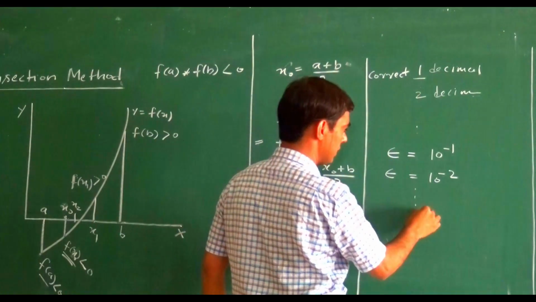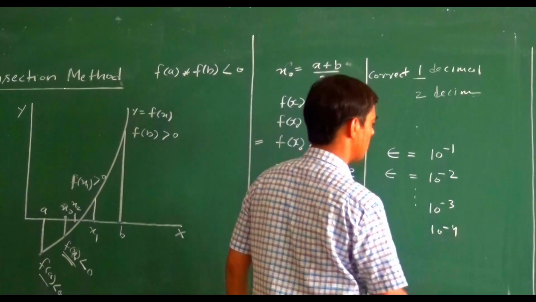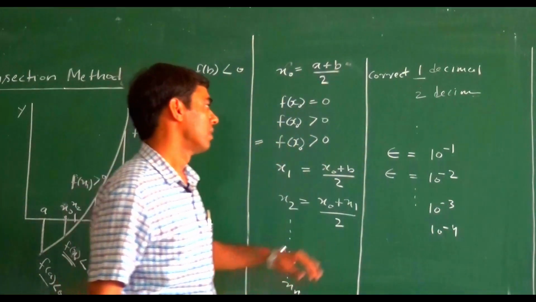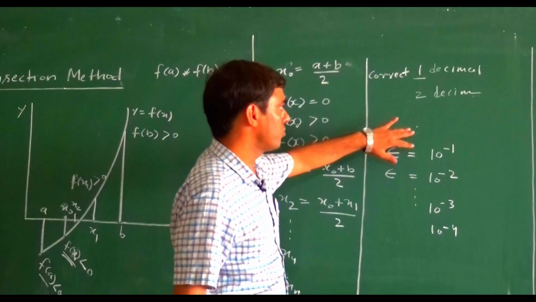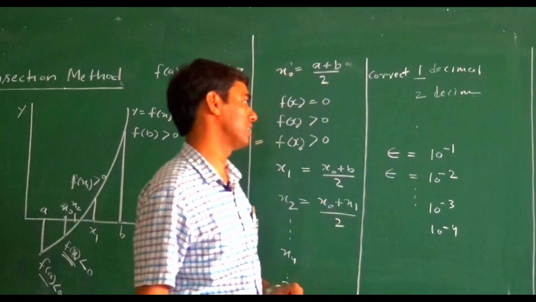Similarly 10 to the power minus 3, 10 to the power minus 4, meaning 3 decimal places and 4 decimal places.